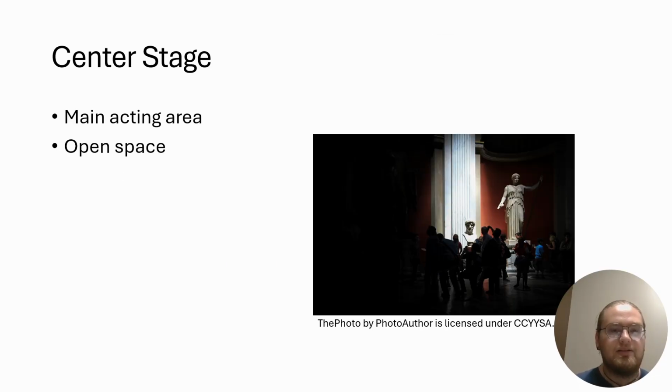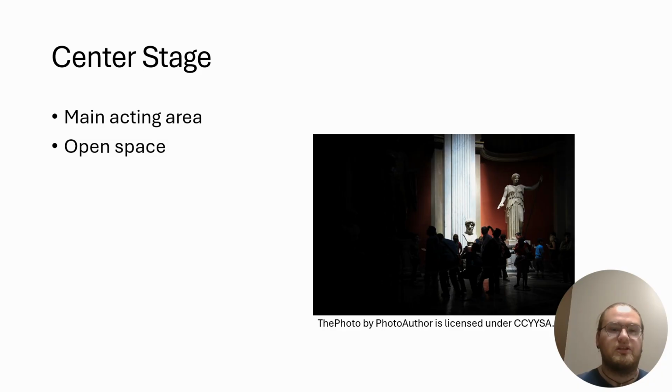Moving into center stage, this is where most of the action takes place. I intentionally kept this space open to allow for clear blocking. Blocking refers to how actors move on stage during a performance. In this scene, the open space allows Cinderella, the stepsister, and the stepmother to move naturally while speaking.